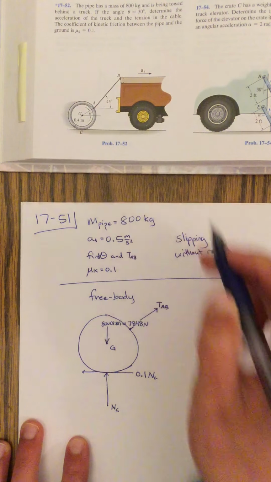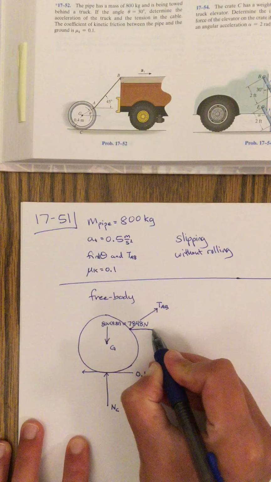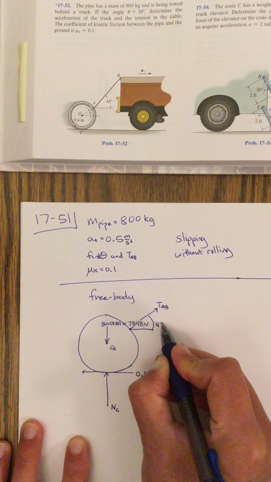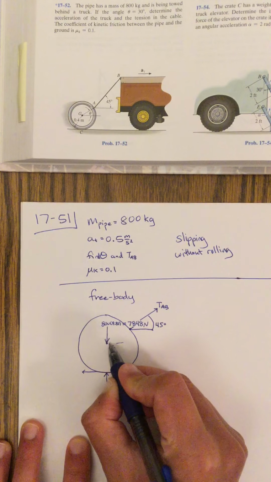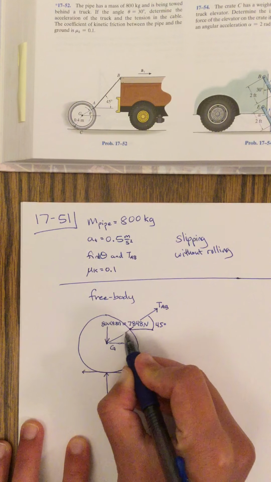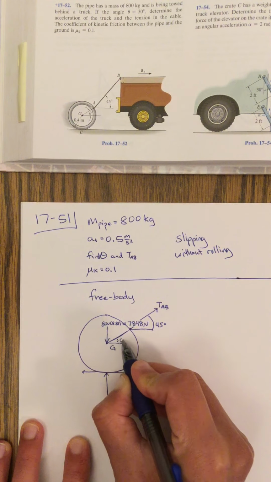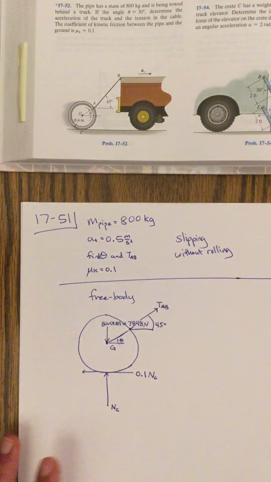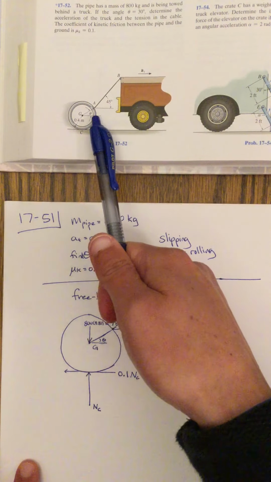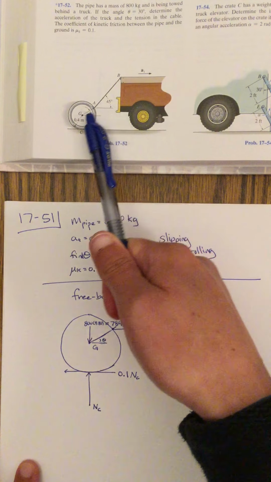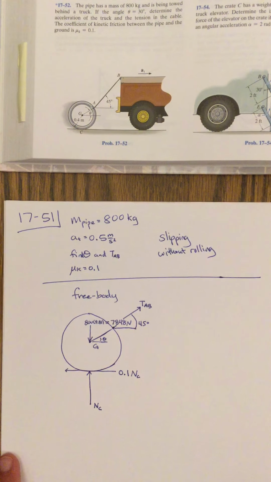This angle here is 45 degrees, and the angle that I want to find is theta. And that's this angle here. So that's theta. This is 45 degrees. Maybe it would have looked better. Well, you can see in this picture here that theta is not the same as 45 degrees.